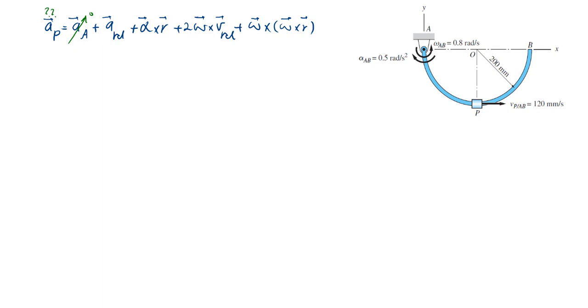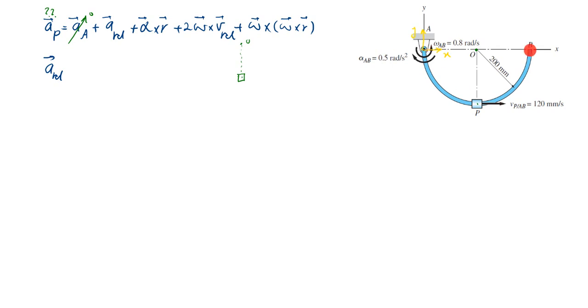A relative is a vector. And this is point P. If I draw this, the only component I have is in the normal direction. Right? This is rotating around this point, so that would be point O. When we talk about relative, it means we fix the frame.